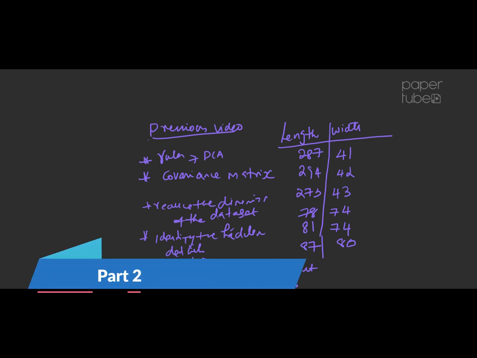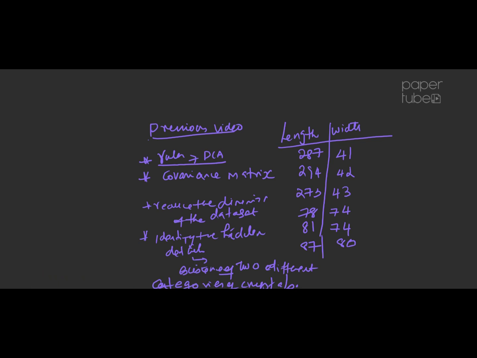In the previous video, I was explaining the rules of PCA. PCA is principal component analysis, and we are trying to use PCA to solve the problem, where you have a data set with the length and the width of 6 different crystals, and you are trying to reduce the dimension of the data.